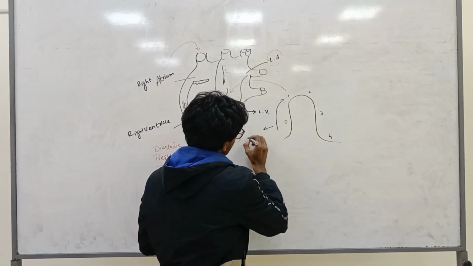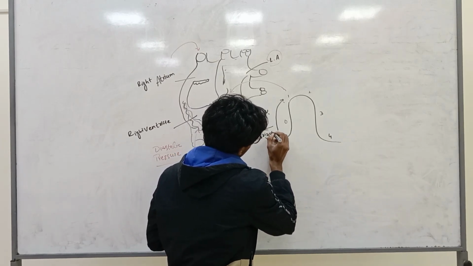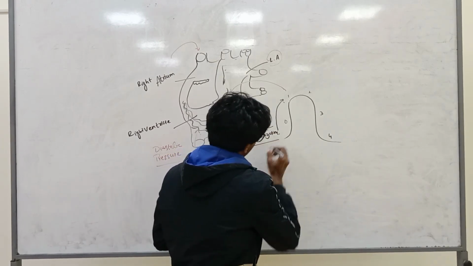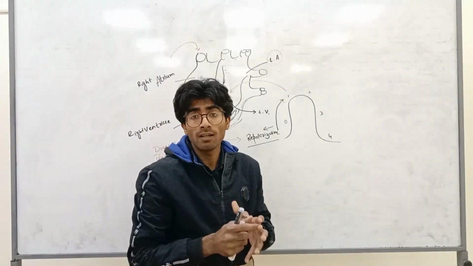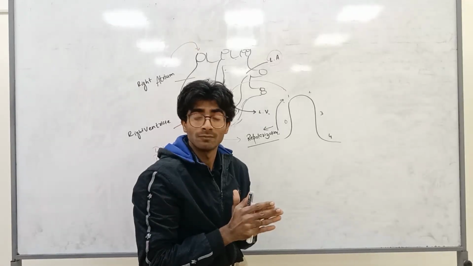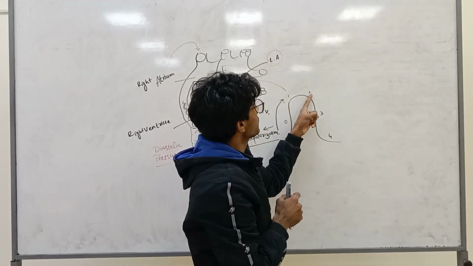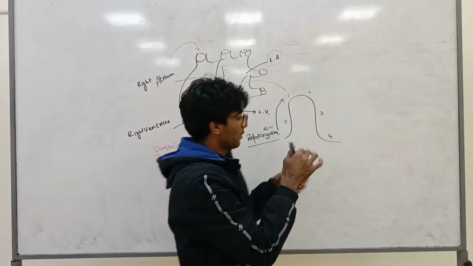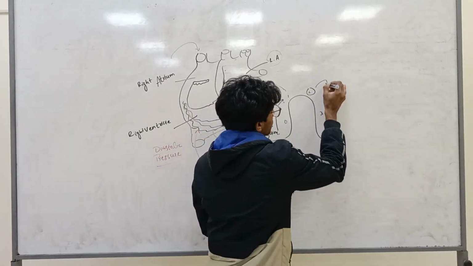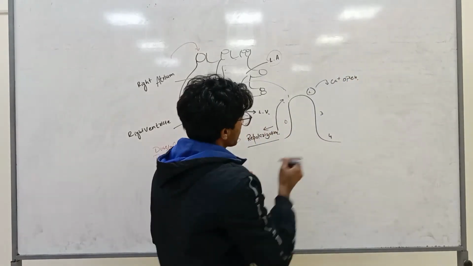This situation is known as repolarization. When the sodium channel is blocked, when the sodium channel closes, there is no repolarization, because in the second phase the calcium channel is open.